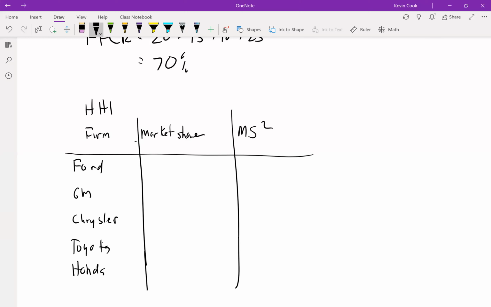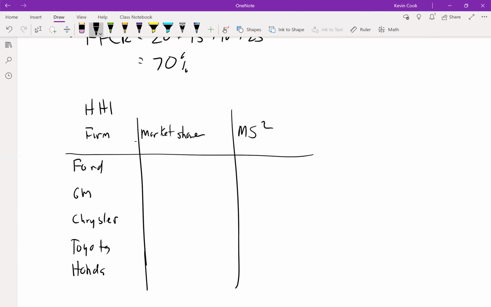So if we're trying to figure out our market shares, I'm just going to make sure that my shares add up to 100. So let's get us some numbers.